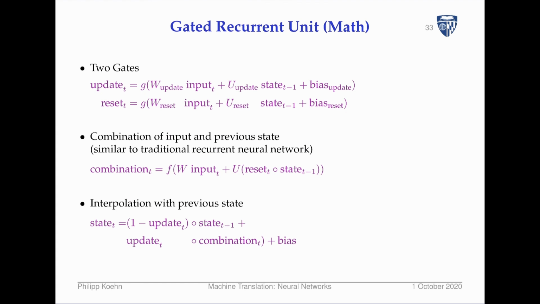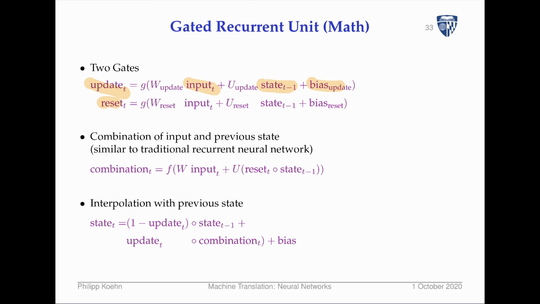So here's the math for it. You have the input going into the cell. You have the previous state, and you also have a bias term, and so the update gets influenced by those two, and the reset gets influenced by those two.